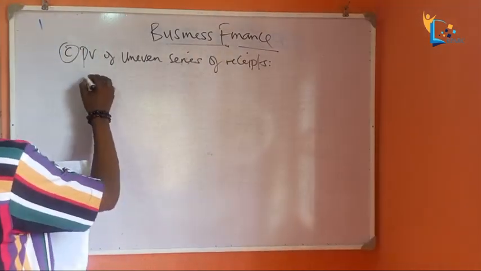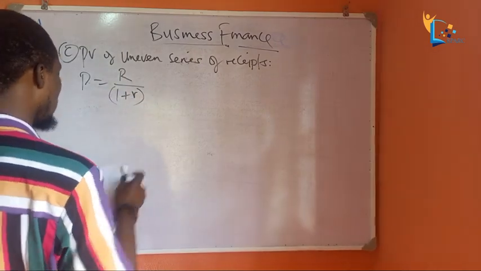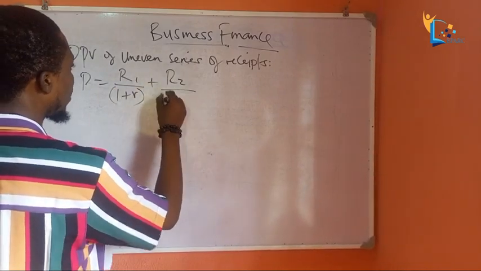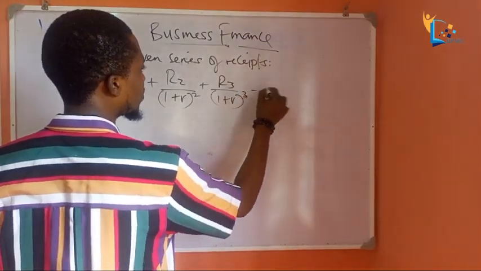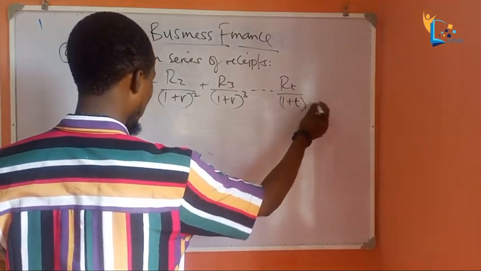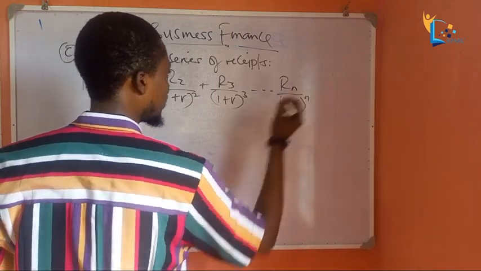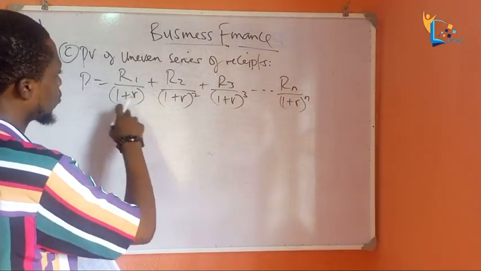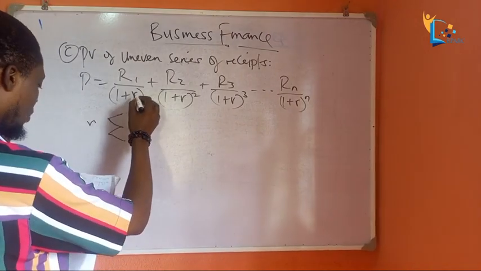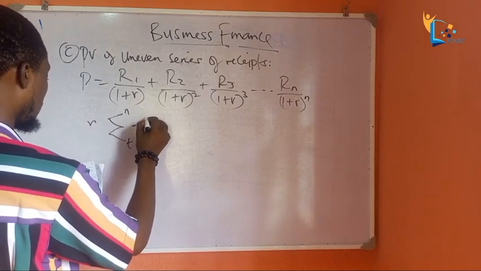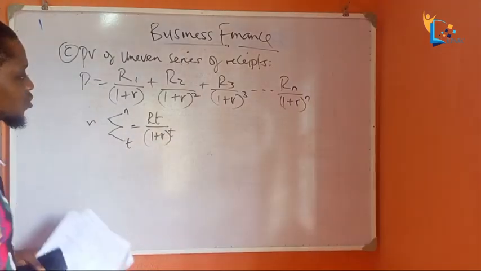The formula is given as P equals R1 over (1 plus r), plus R2 over (1 plus r) squared, plus R3 over (1 plus r) cubed, up to Rn over (1 plus r) raised to power n. Or in summary, the summation from t equals 1 to n of Rt over (1 plus r) raised to power t.